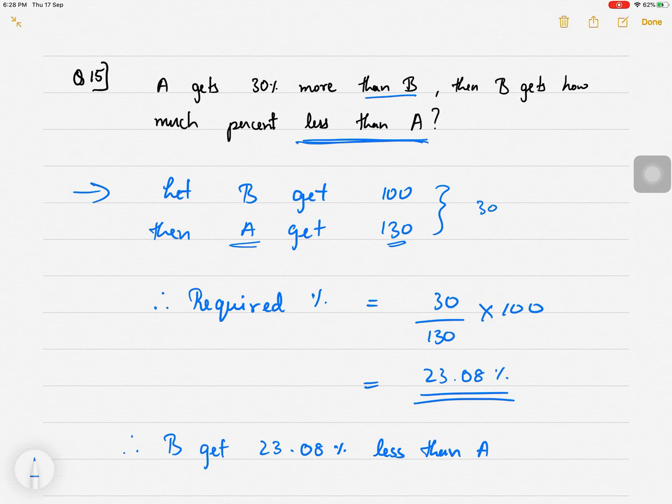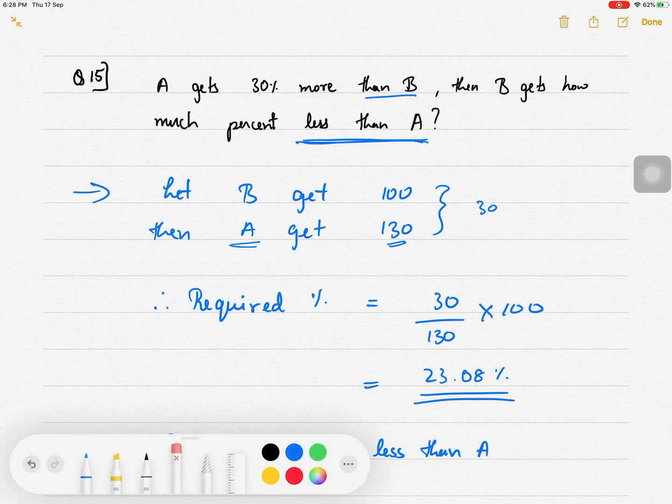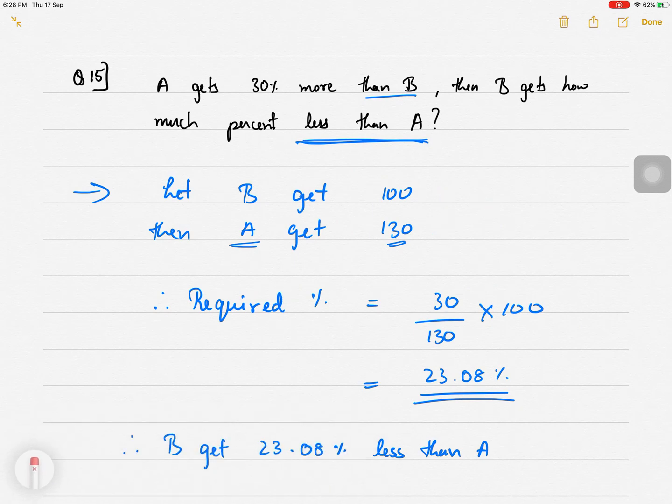So I can add one sentence here: B gets 30 less than A. So 30 is how much percentage out of 130?